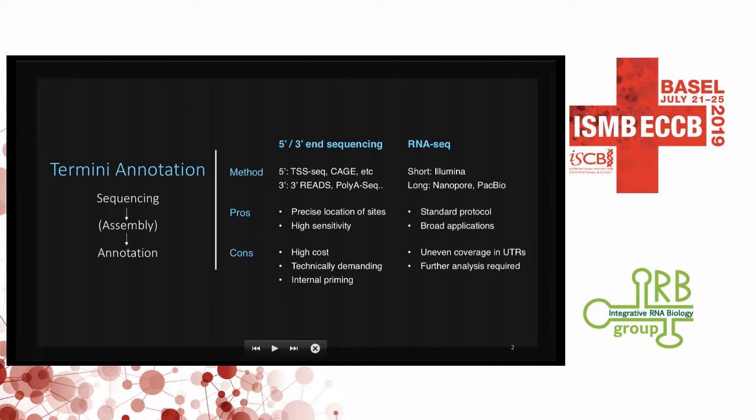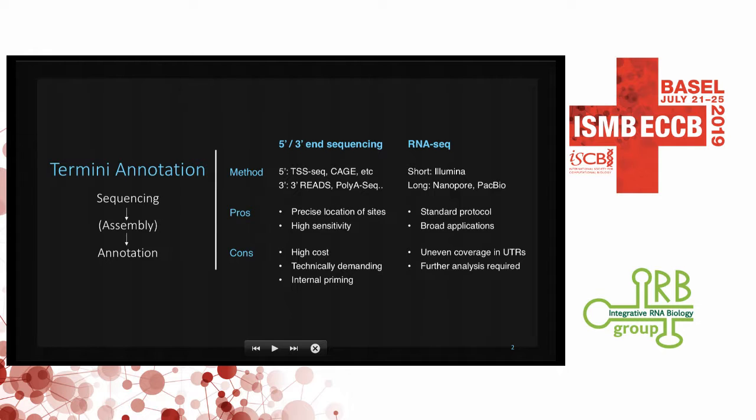With this type of sequencing, we can precisely locate these sites with very high sensitivity. However, these technologies are more costly and more technically demanding, and they have relatively less broad applications other than detecting the sites. And for the poly-A site, these technologies also suffer from internal priming.